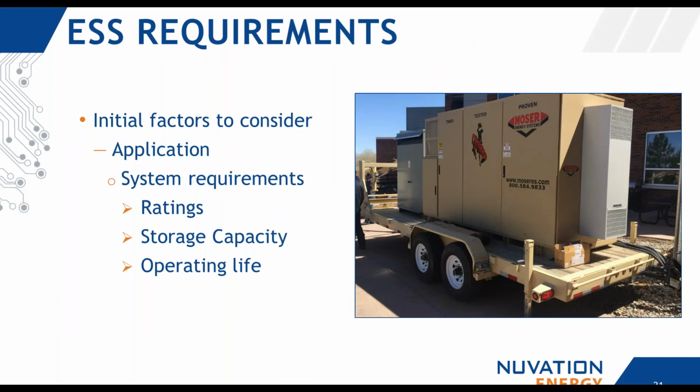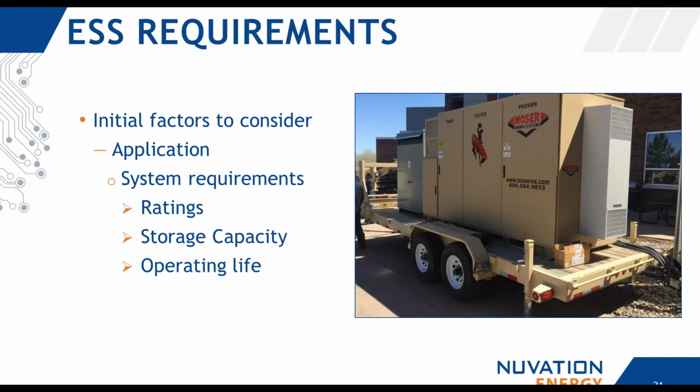When you're considering storage for your distributed energy resources, you need to make sure to keep in mind the ratings and storage capacity and how long you want this energy system to last. This picture here is of a portable power system that Nuvation was involved with that's used in oil and gas exploration sites.